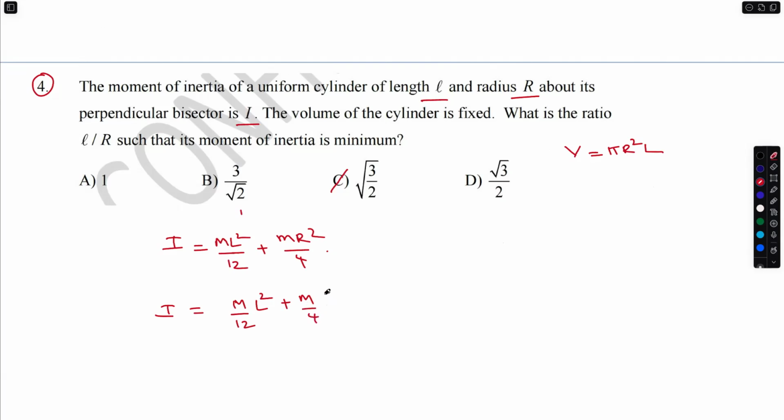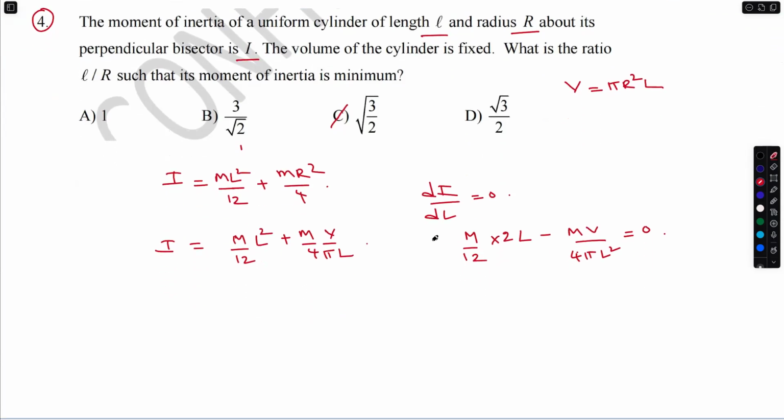In place of R square I will write V by pi L. Now dI by dL is 0. So which means M by 12 times 2L minus M V by 4 pi L square is 0. Right.